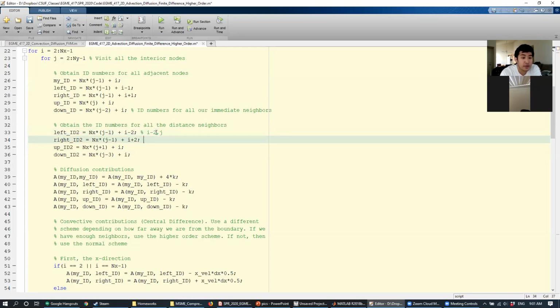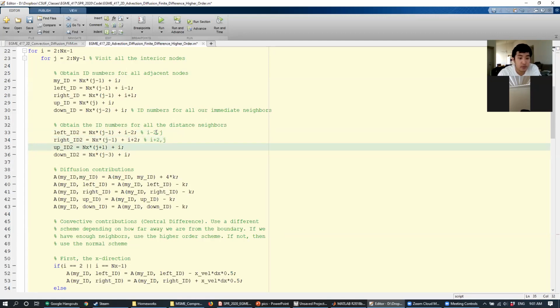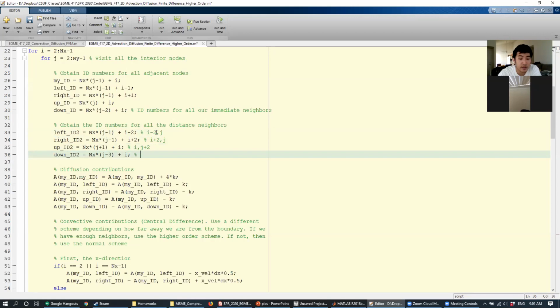Right ID2 would be i plus 2, comma j. Up ID2 would be i, comma j plus 2. And down ID2 would be i, j minus 2. That's going to help us in putting the equations into the left-hand side matrix.